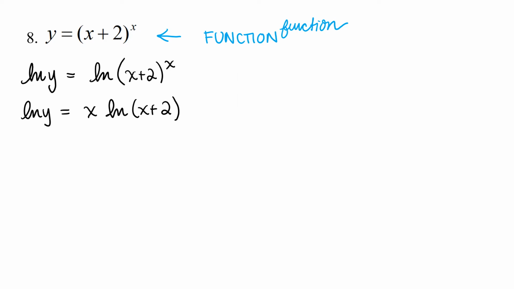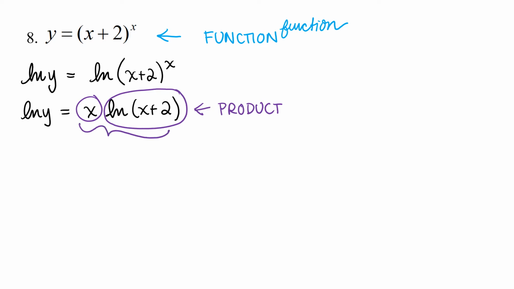And now when we look at this, we have a product. And that's not too bad. We just have this one product rule we'll have to use here, with a little bit of chain rule for the natural log function. So let's use our product rule real quick as we take our derivative implicitly.